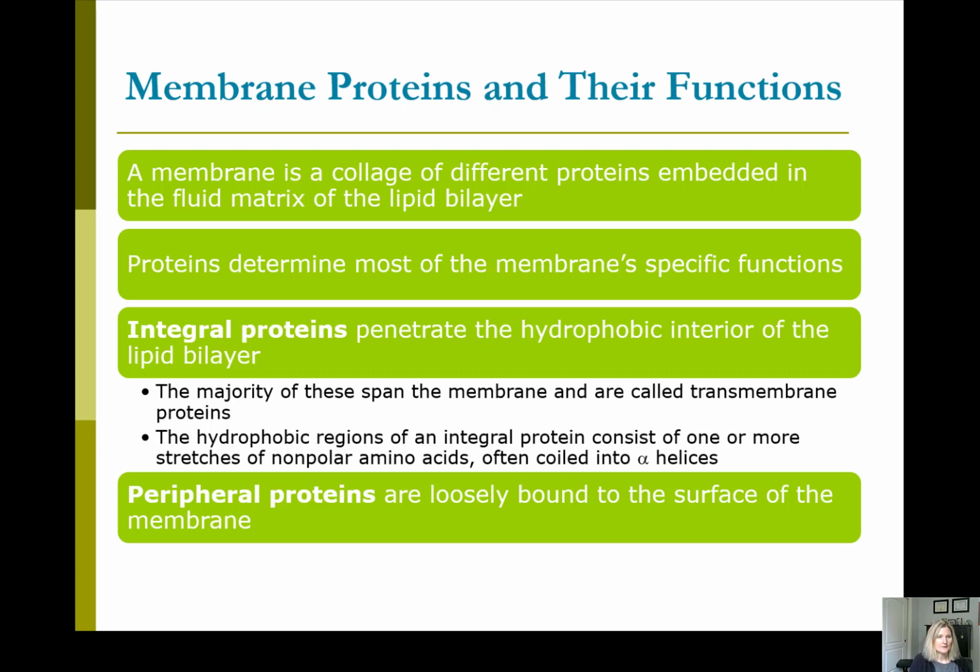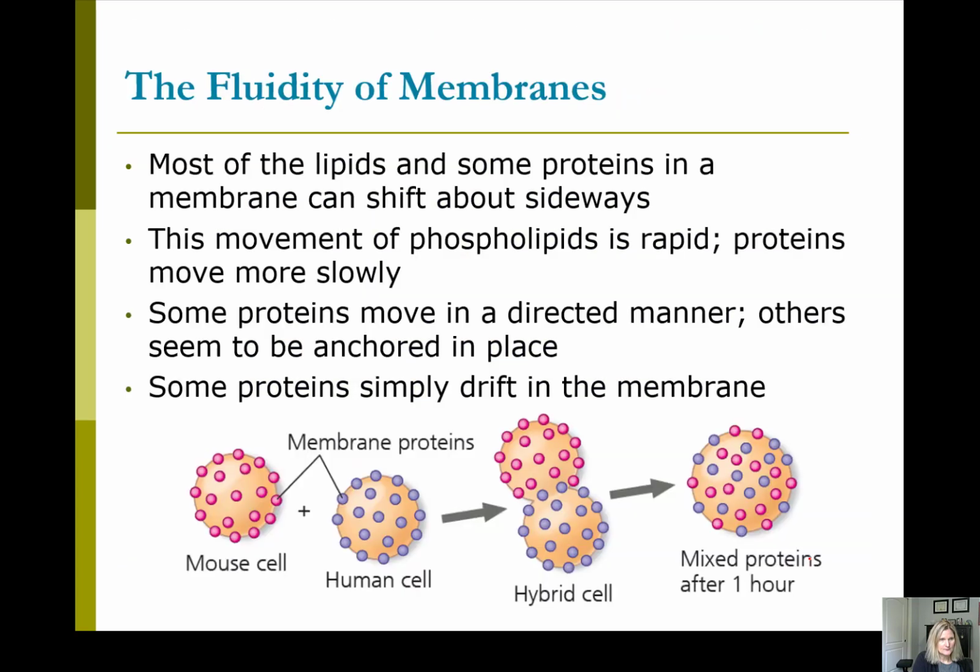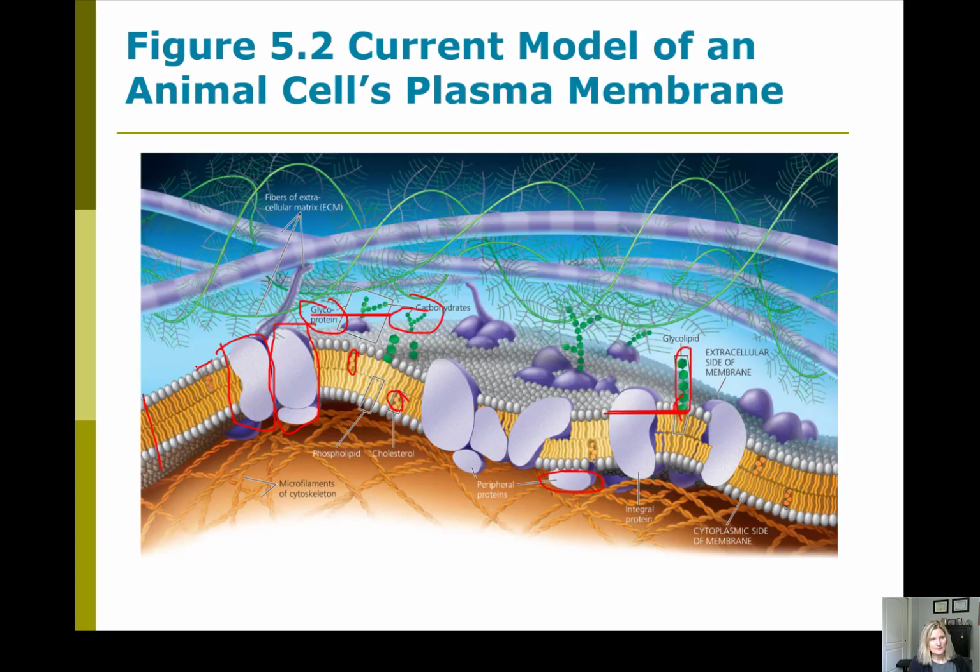Let me just go back a couple slides. So here we're talking about these big proteins, right? Some proteins we call the integral proteins. You can see how the integral proteins pretty much go through the plasma membrane.